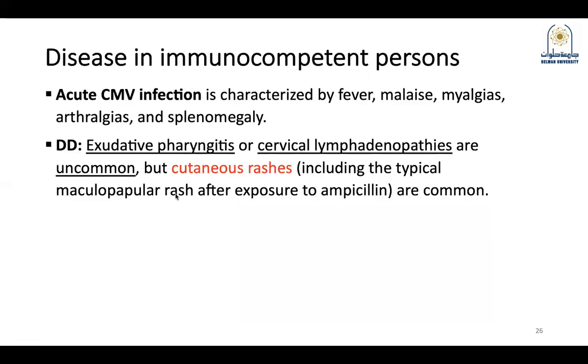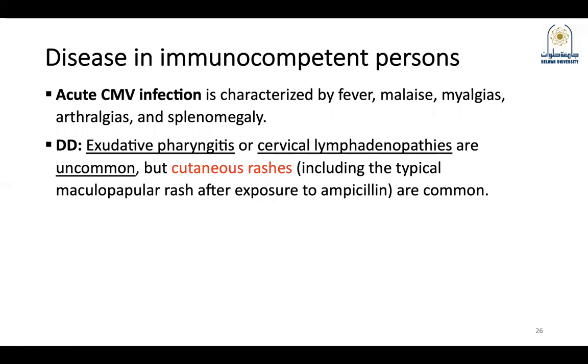The disease in an immunocompetent person with acute cytomegalovirus infection presents with fever, malaise, myalgia, arthralgia, and splenomegaly. Again, for differential diagnosis, exudative pharyngitis and cervical lymphadenopathy are uncommon in cytomegalovirus, not the same as Epstein-Barr virus. Cutaneous rash could exist, especially with ampicillin.